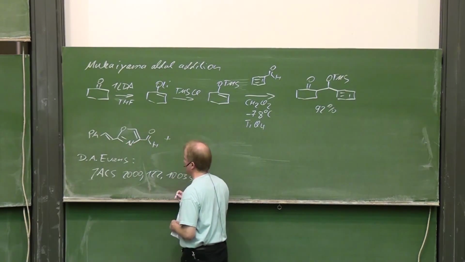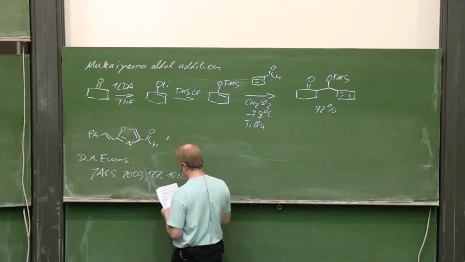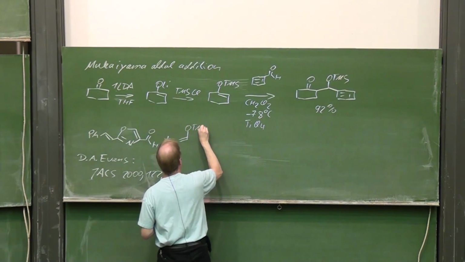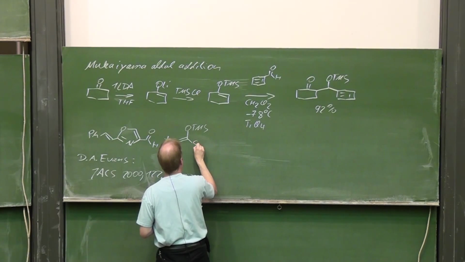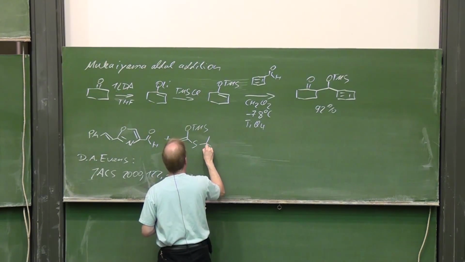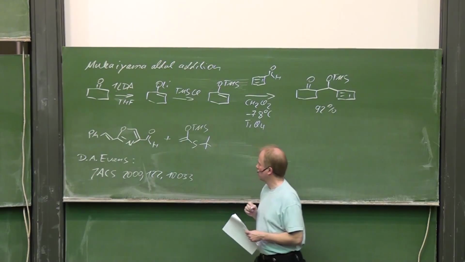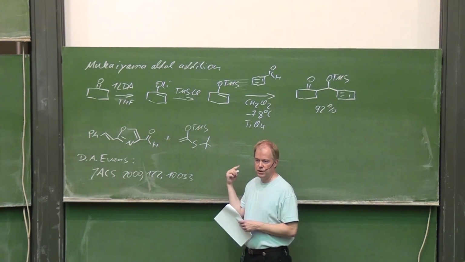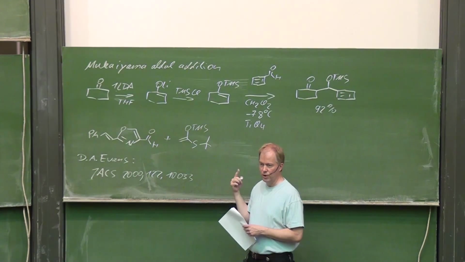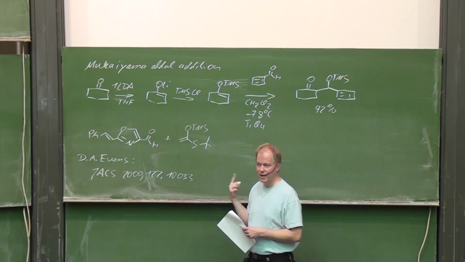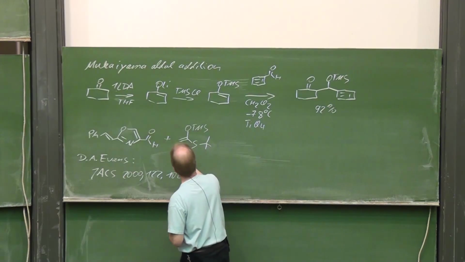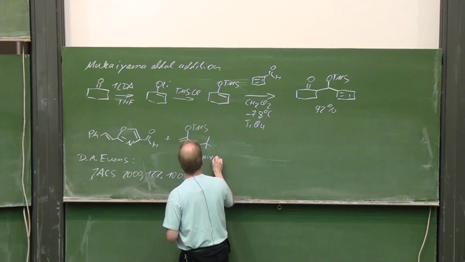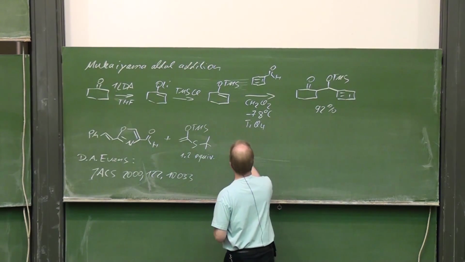Here we have the aldehyde. Now we need the enol, the TMS enol ether. In this case, it's a special one with a thiol group here. So it is the TMS enolate of a thioester. It is applied in small excess.